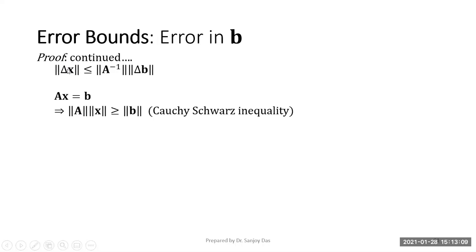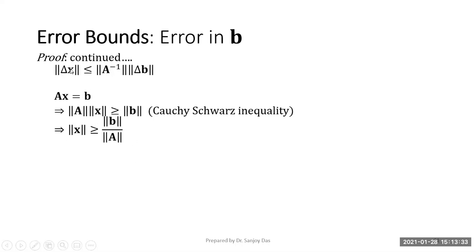I skipped a step, sorry. So the norm of x is greater than or equal to the norm of b over the norm of A. And now I'll do the same thing: divide this with this, numerator here and denominator here.